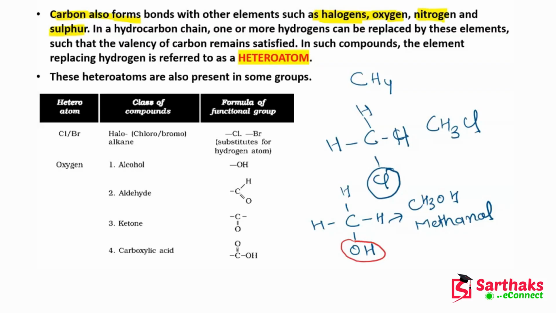Now here some compounds and functional groups are given. Basically these heteroatoms can also be in the form of functional groups. This OH is the functional group alcohol. This is CHO, this is aldehyde. This is C double bond O, this is ketone. And this is C double bond O and then OH, this is carboxylic acid. I hope guys this point is clear to you.